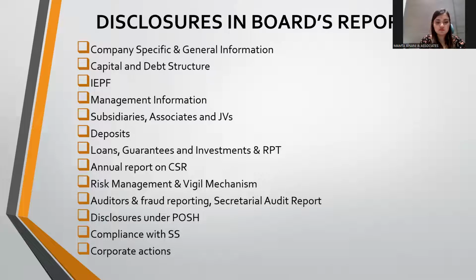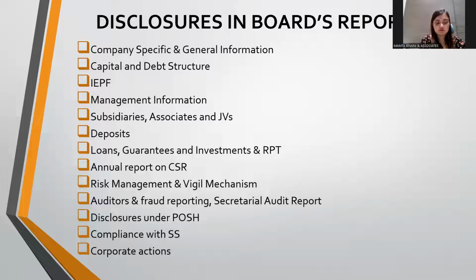For listed companies, we all know that nowadays we have to do the performance evaluation, so we have to give the details of the performance evaluation in our board's report. Then, if we have a CS, we have to include the details of the company secretaries in our board's report.